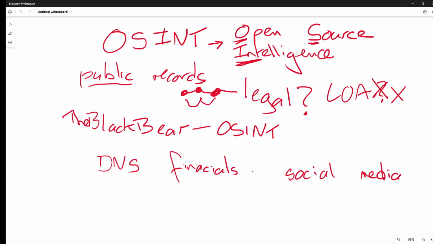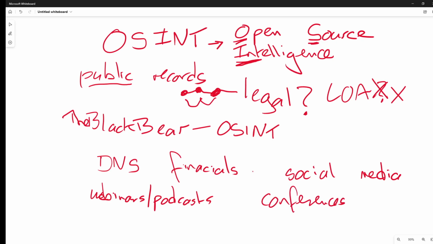It can include things such as webinars, podcasts, and your conferences. All these things are out there in different forms. And of course, you've got your public libraries, the libraries that are out there with all kinds of information that you have.